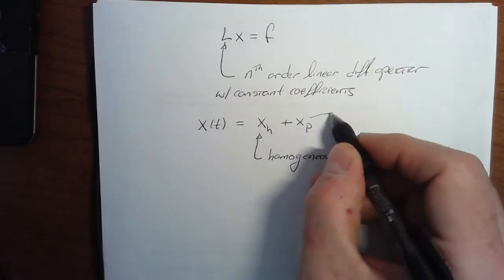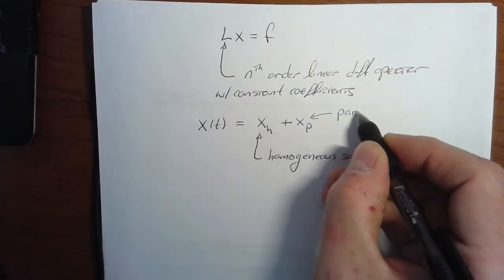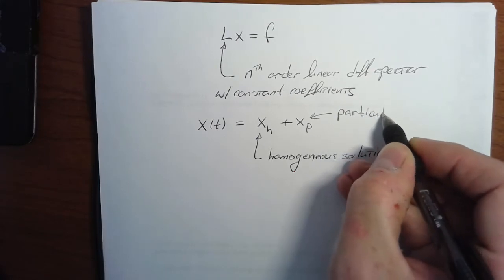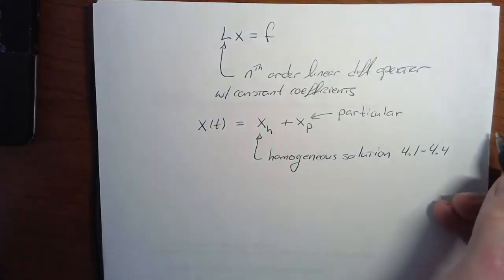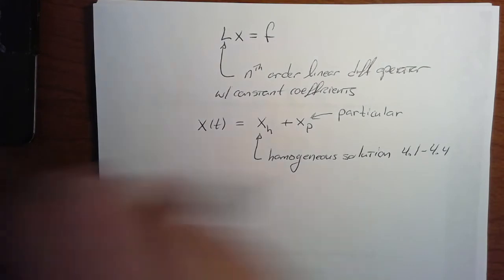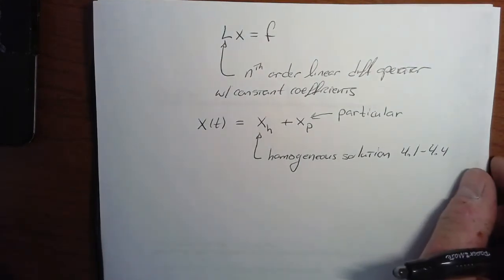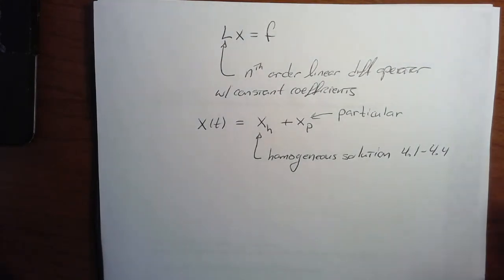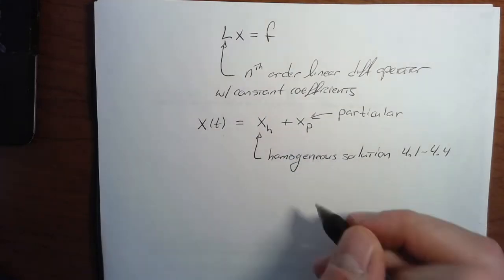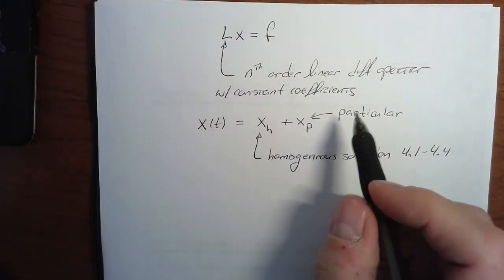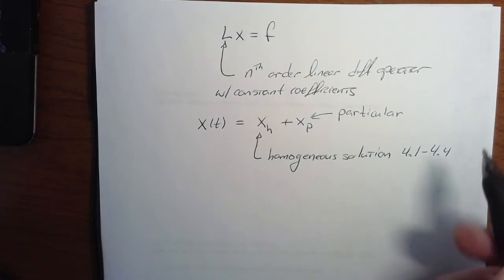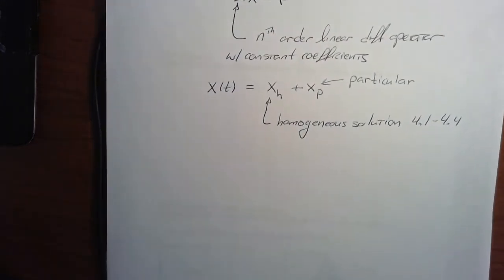And this is the particular solution. Now the word particular gets used in a couple of ways in this book. If you apply your initial conditions, you get a particular solution instead of a general solution. That's not what this is. This is the other part of the solution for a non-homogeneous differential equation.